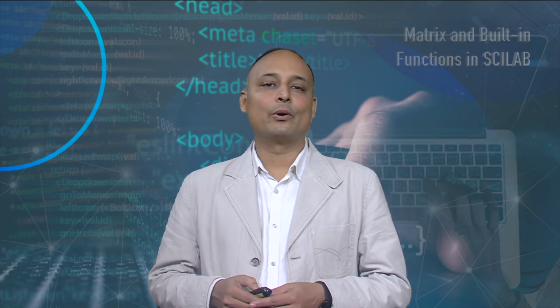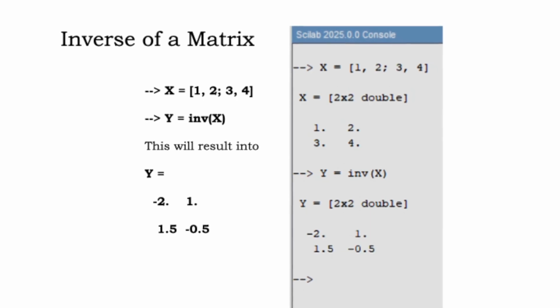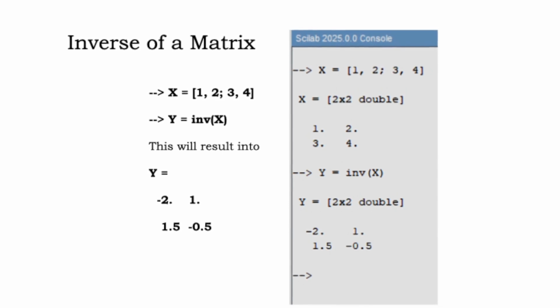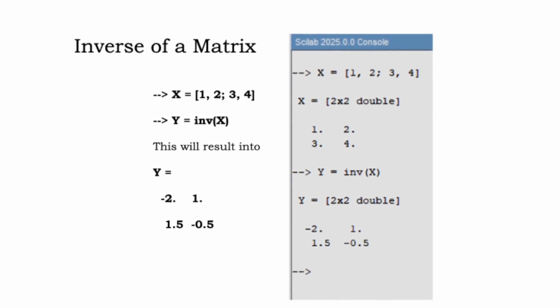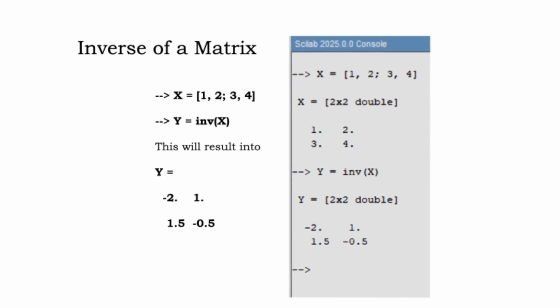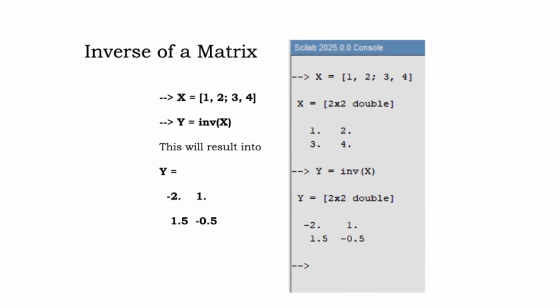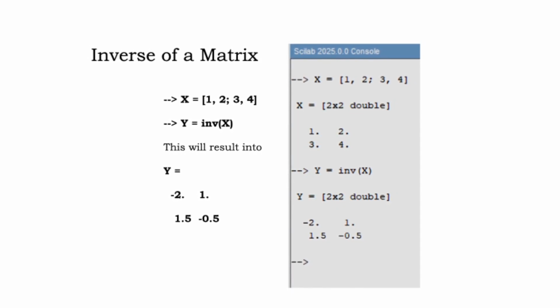Let us explore an example to understand how the inv function works in Scilab. x equals the matrix [1, 2; 3, 4]. y is equal to inv(x). This will result in y equal to [-2, 1; 1.5, -0.5].